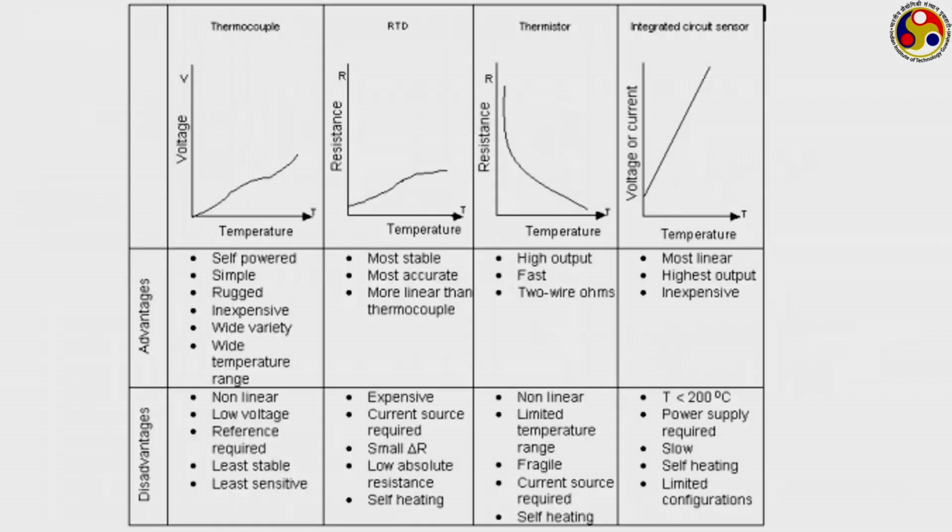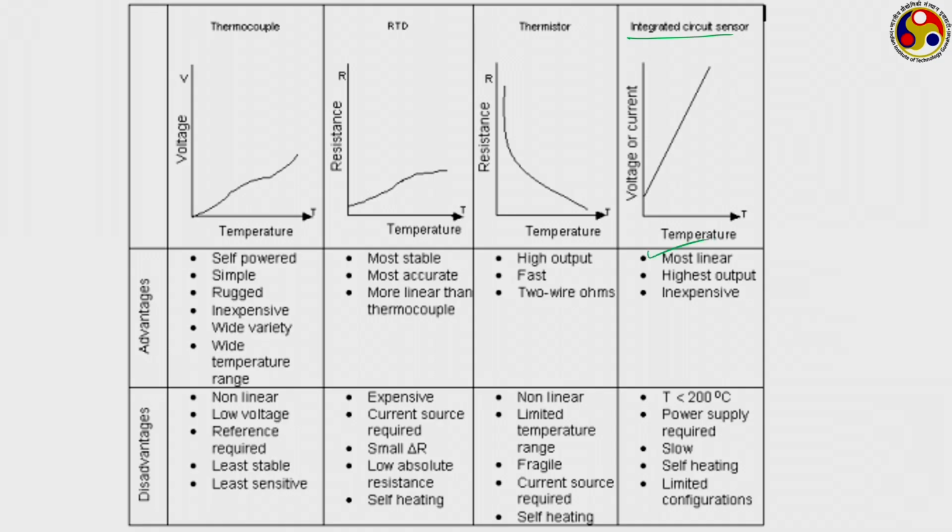This is a summary of the 4 that we have talked about. Their advantages and disadvantages are listed here, and the voltage versus temperature plots are also shown. As you can see, the integrated circuit based sensors, or the junction semiconductor sensors I just talked about, are giving very linear output. That is why they are the most linear kind of device.